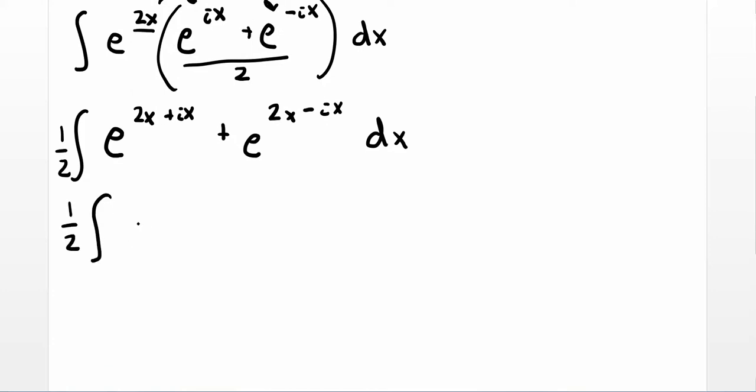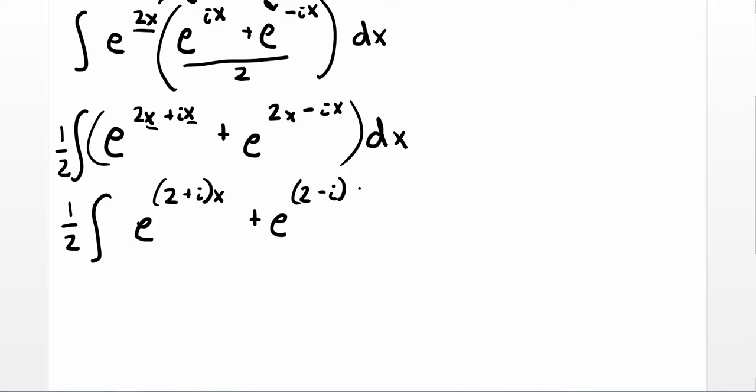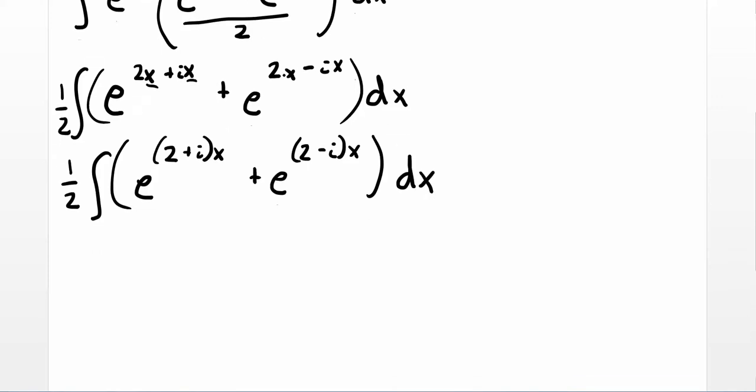We'll clean this up a bit. Notice in the exponent you have a common factor, x. So we'll pull it out and get e to the 2 plus i times x plus e to the 2 minus i times x. So we factored out x in both exponents. Now at this point, it's a very easy integral. This is a weird looking constant, but this is still just a constant.